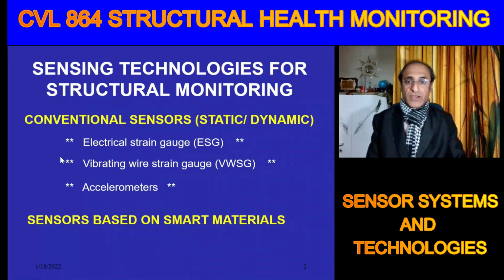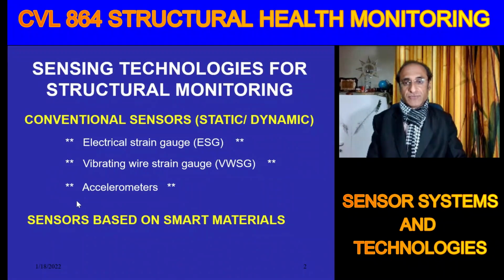Now the vibrating wire strain gauge is used for static measurements only because its principle is also vibration based. So basically here we have to pluck the pre-tensioned wire into vibrations and then we measure. So this vibrating wire strain gauge is suitable for static measurements only.